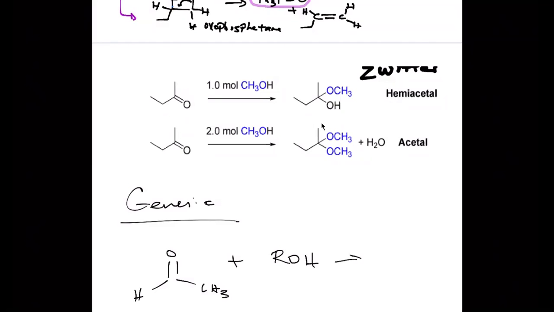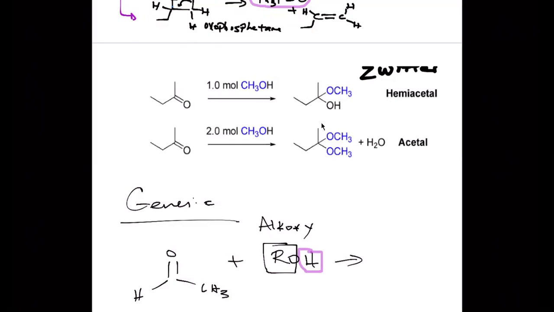This is an addition reaction. What you're adding is the alkoxy part of the alcohol, and you also add in the proton. So you're adding both pieces of that alcohol across that CO pi bond.